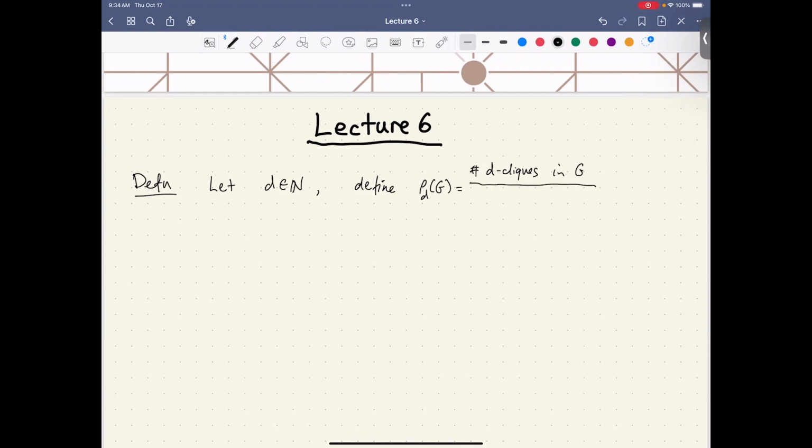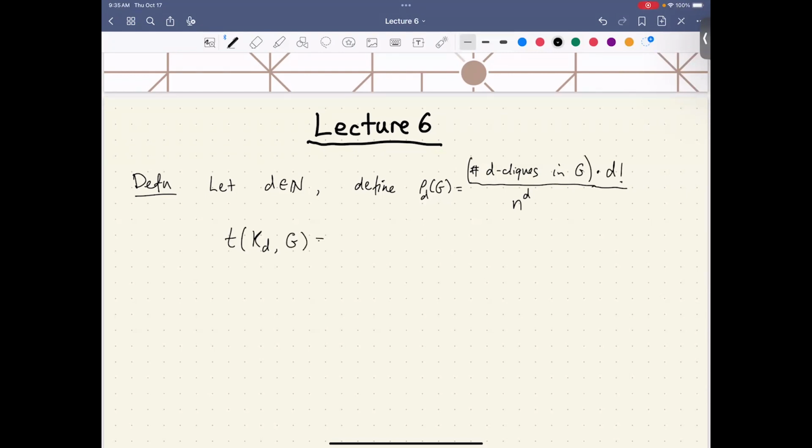normalized in a slightly stranger way. We divide by n to the d, and we multiply the numerator by d factorial. If you recall, in Sidorenko's conjecture, we define this homomorphism density, t(K_d, G).